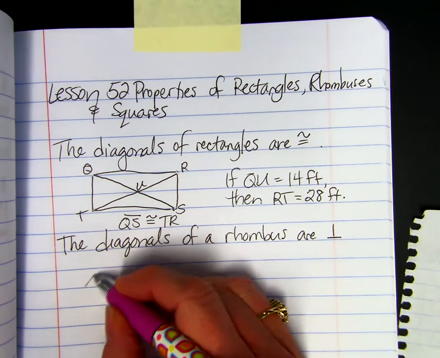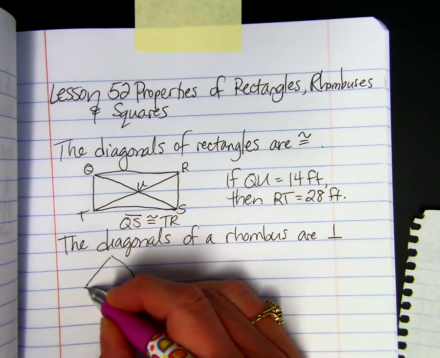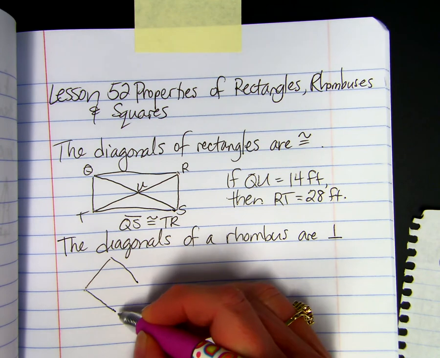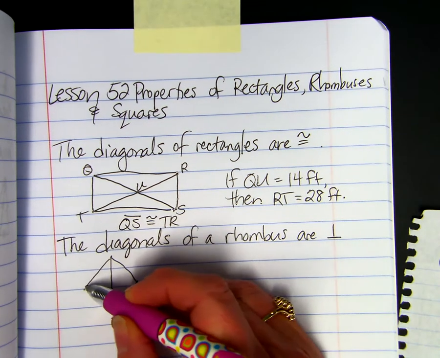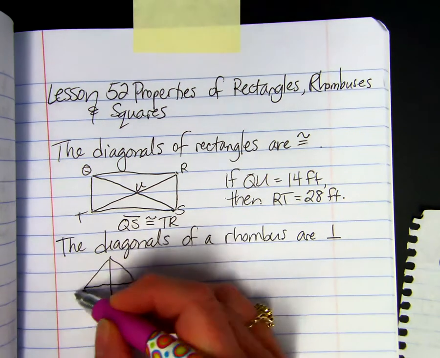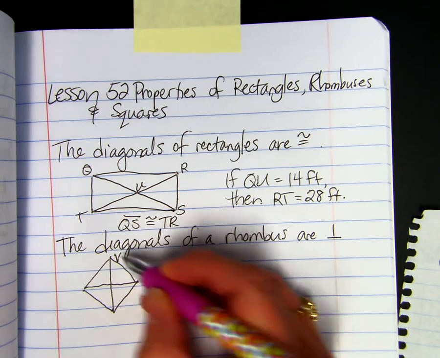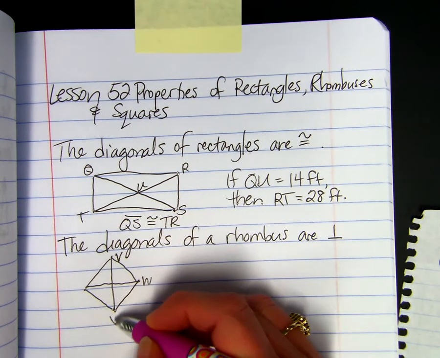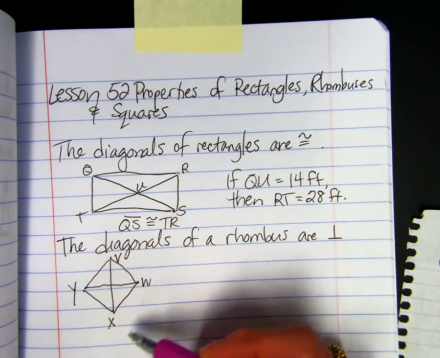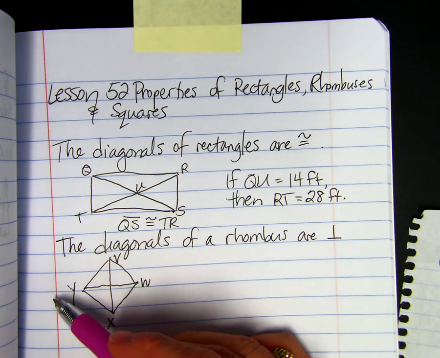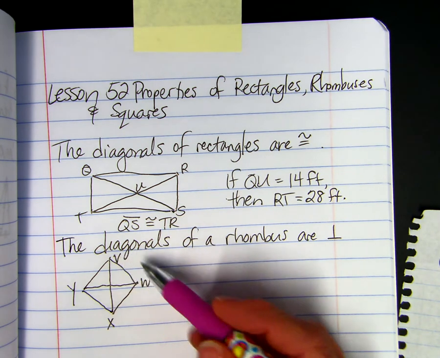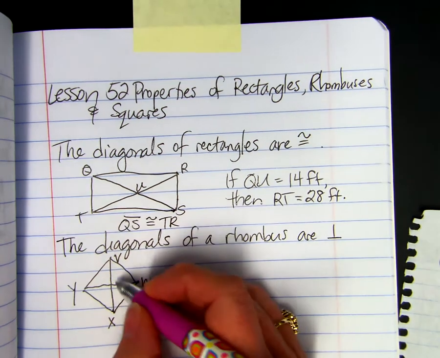So if we have a rhombus, there we go, VWXY. So we need to put those right angles under. Yes.